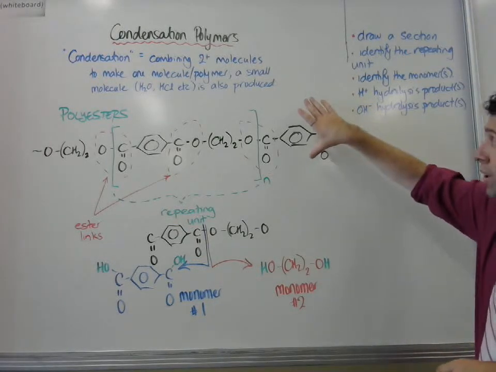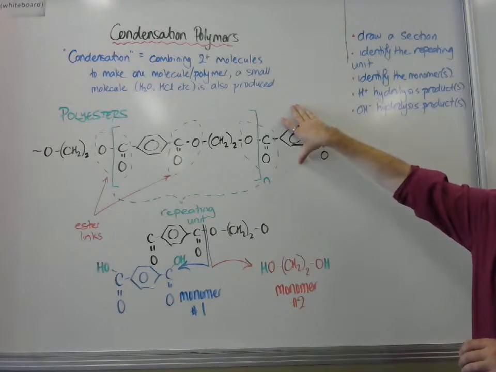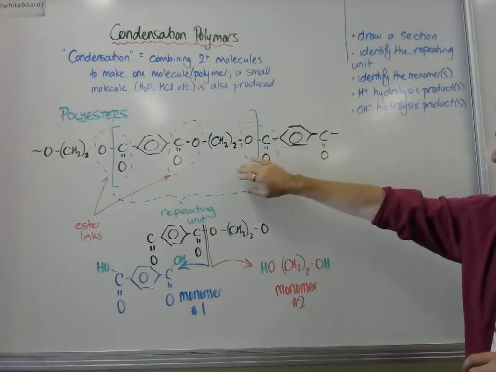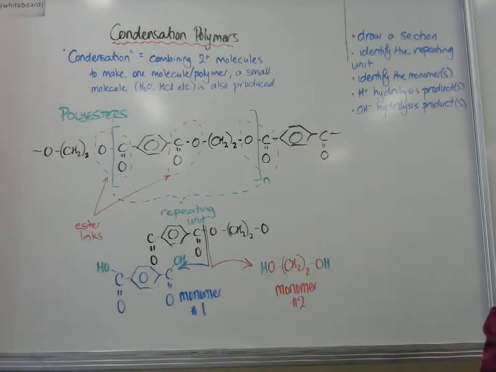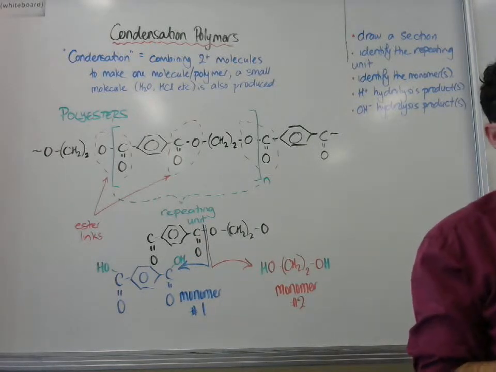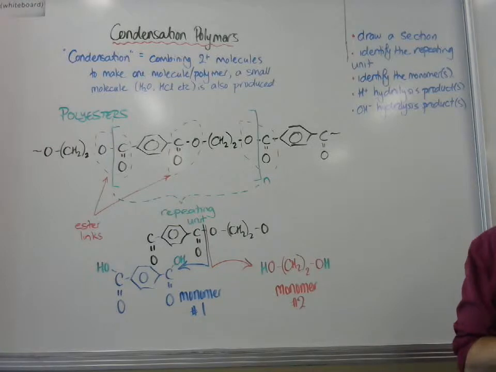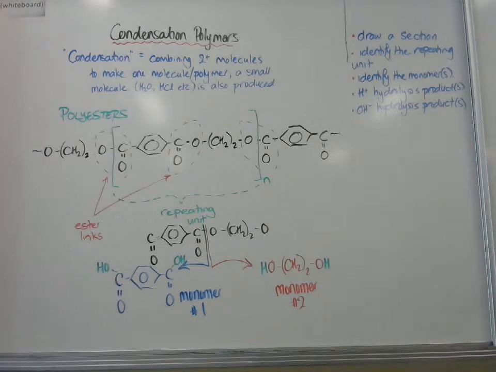If I start with the polymer, you still need to be able to identify the repeating unit, but from that you need to be able to identify the monomers, what chemicals were used to make it. You also need to be able to identify what would be made if I did spill acid or base on this, because both acids and bases in solution will hydrolyze polyesters. So those are the skills, or the knowledge, that you need.